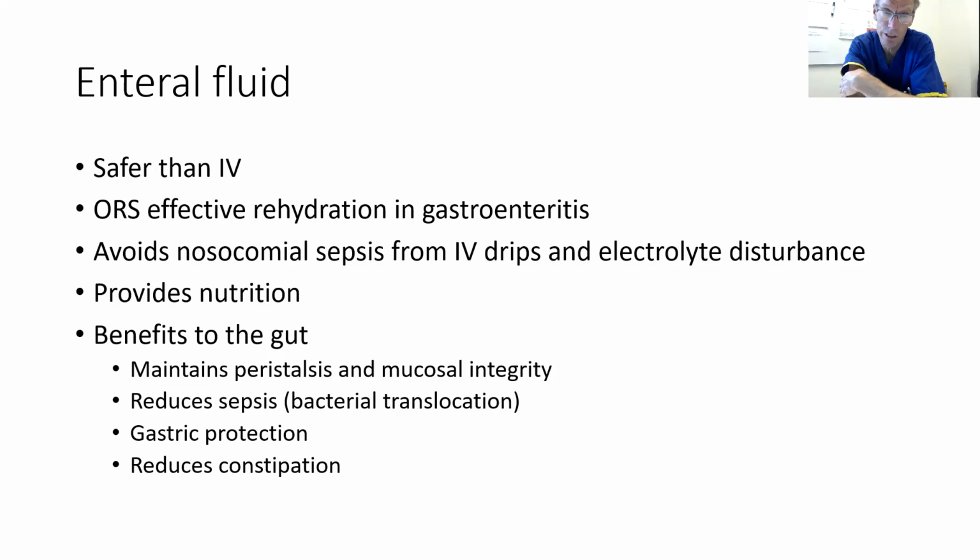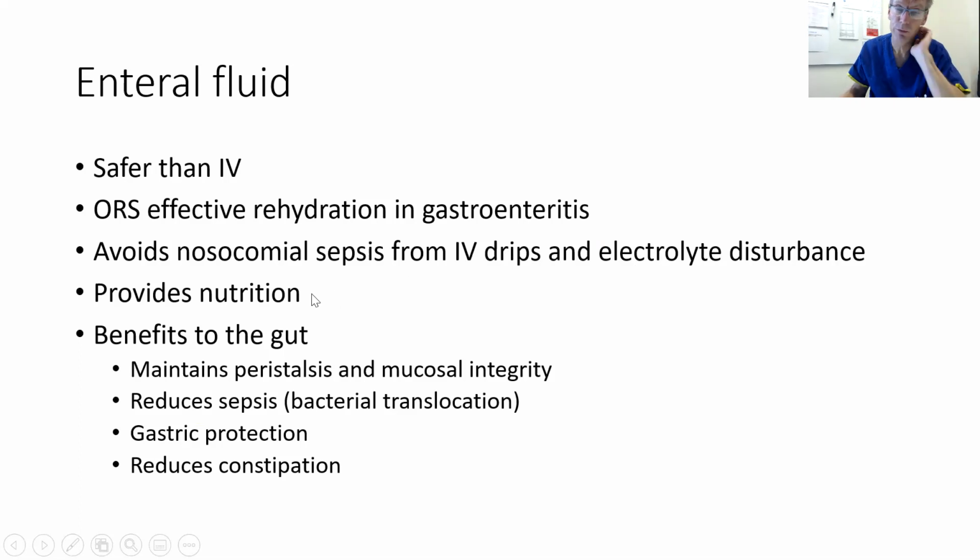If they've got moderate dehydration, somewhere between 5 and 10% dehydrated, then oral rehydration solution is just as effective, and it can be effective if you give it down the nasogastric tube, for example. Enteral rehydration avoids getting nosocomial infection from IV drips and electrolyte disturbance, because usually the gut is able to absorb the electrolytes and water and glucose and nutrition. If you give enteral fluid, it provides some nutrition.